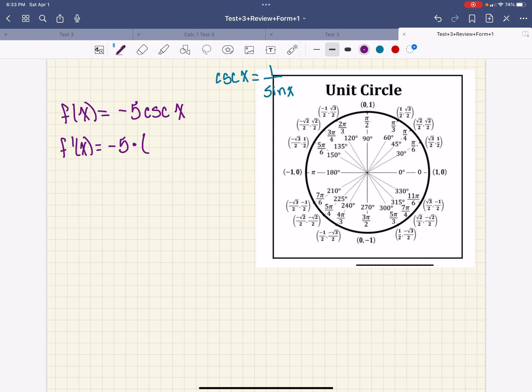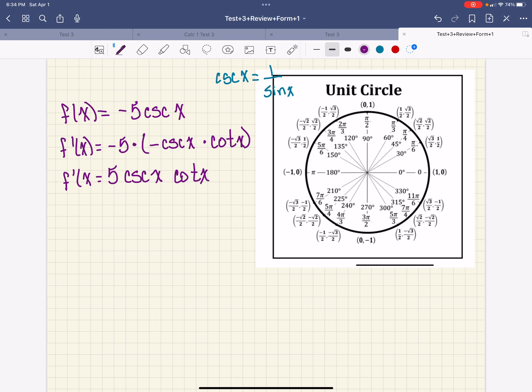So the derivative of cosecant of x is negative cosecant of x times cotangent of x. And so then when we multiply that, we have f prime of x equals +5 cosecant x cotangent x.